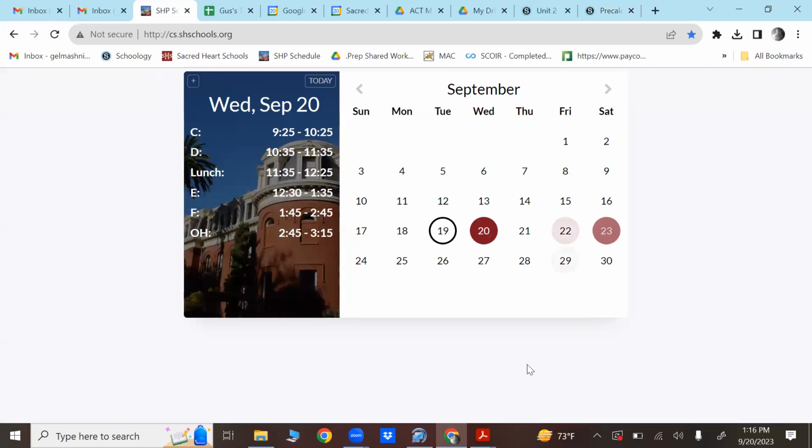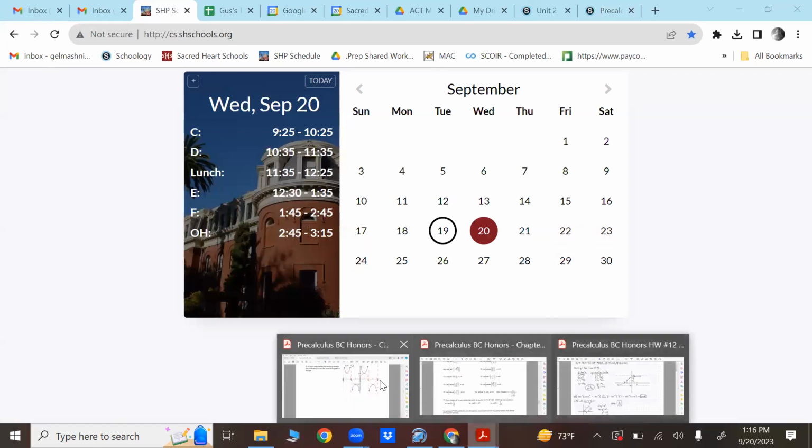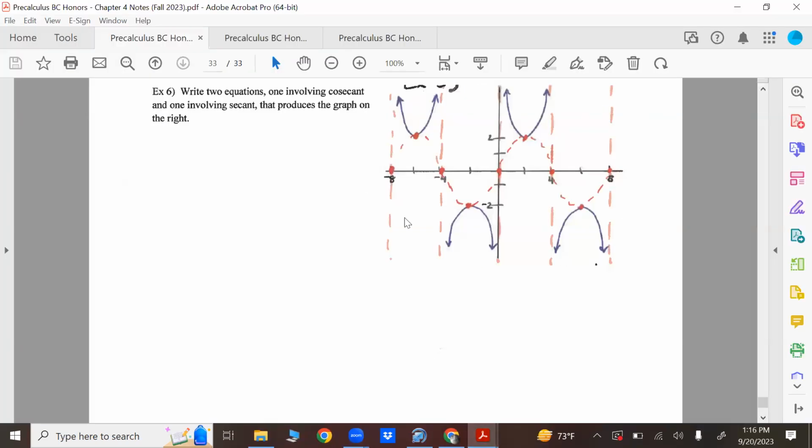Okay. So let's move on to the last problem. I like this one. We have to write 2 equations, one involving cosecant, one involving secant, to produce the graph on the right. Let me throw you guys a little bit of a curveball here. We want A to be positive.